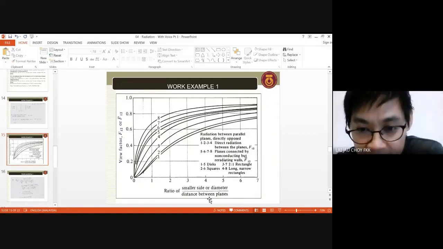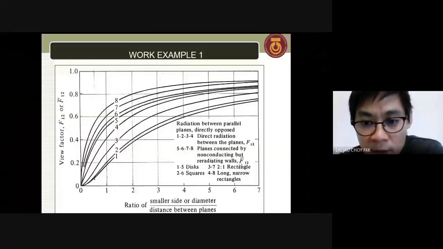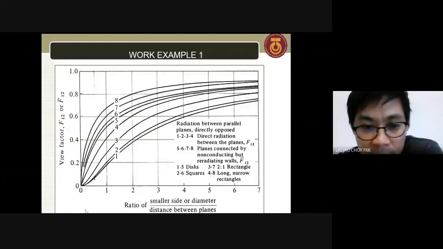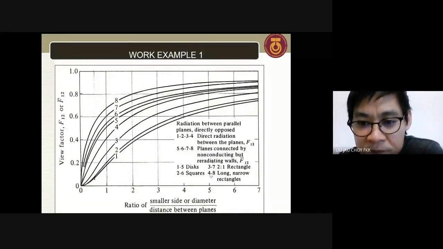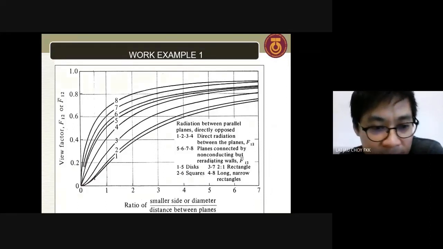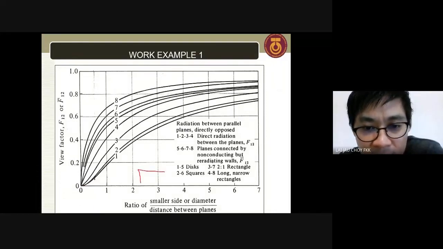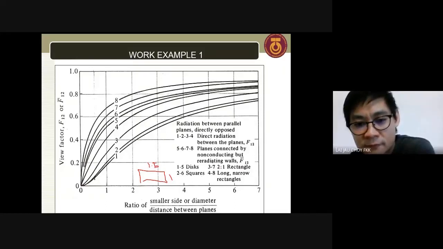Okay, you can still see my slide, right? Okay, you see, curve 1, sorry, not curve 1, it's curve 2 or curve 3. I think curve 2 or curve 3 both can be considered correct, because now you see your dimension is 1 times 1.5.